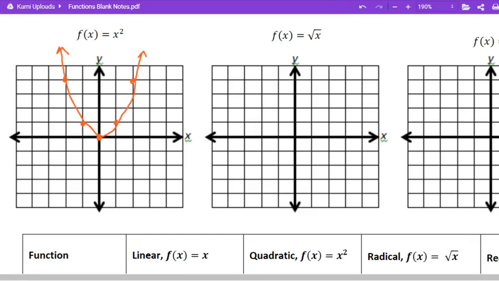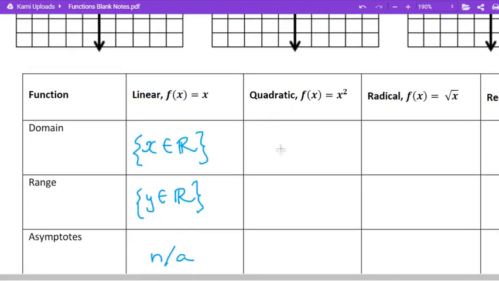If you think about horizontally, will it ever stop opening up horizontally? No. So that means that the domain of a quadratic function is the entire set of real numbers with no restriction. But for the parent function of the parabola, there is a restriction in the range.